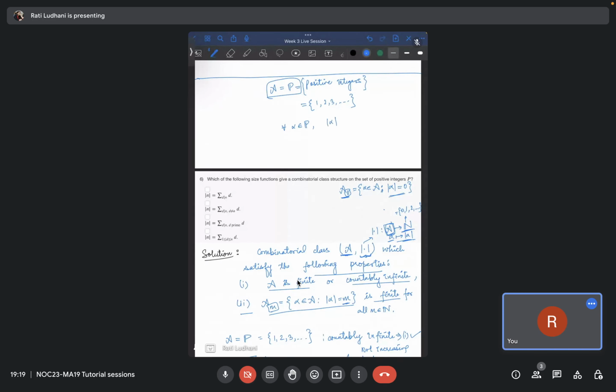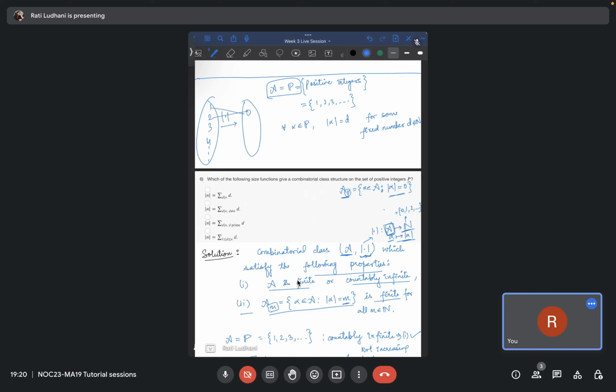For all alpha belongs to P, the size of alpha is equal to some fixed number, let's say d, where d belongs to N. So I'll map all the elements of P, 1 2 3 4, all the elements, under this size function, not to 0.